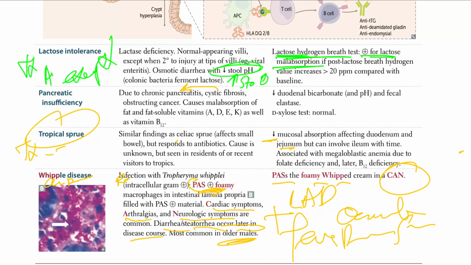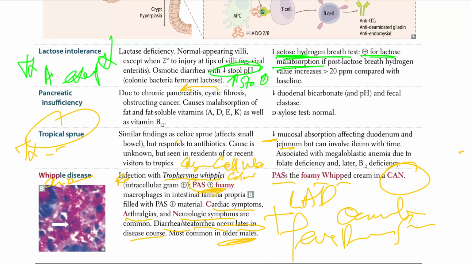Now one more thing: the glycoprotein cell wall of T. whipplei colors magenta, pink. Magenta means pink. And it is diastase resistant.